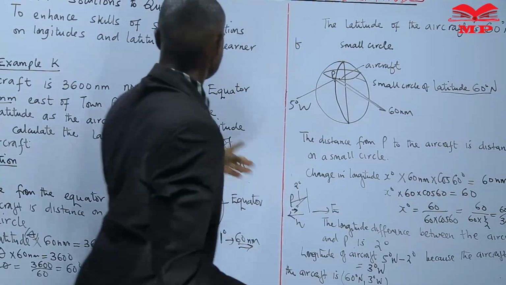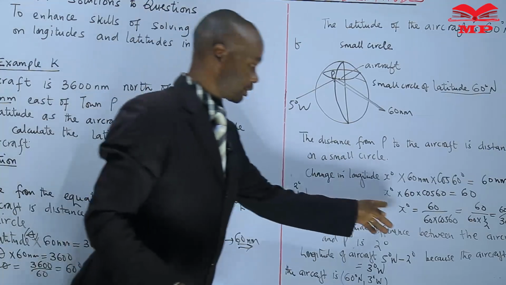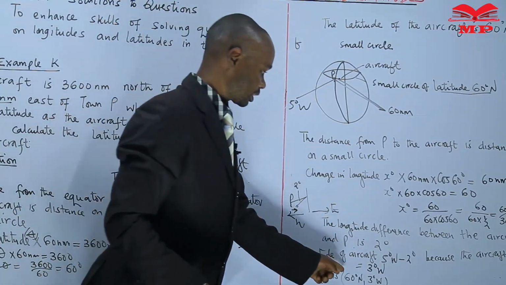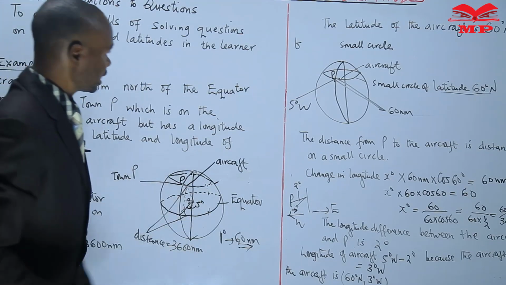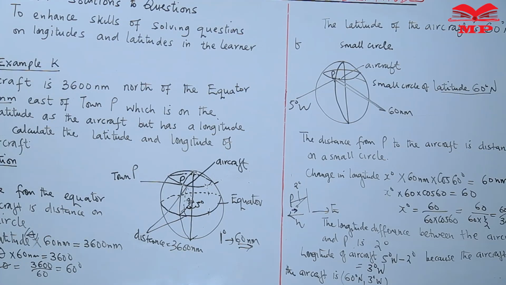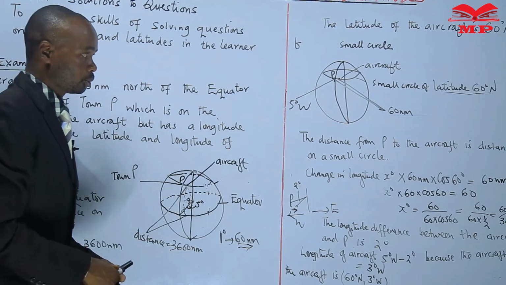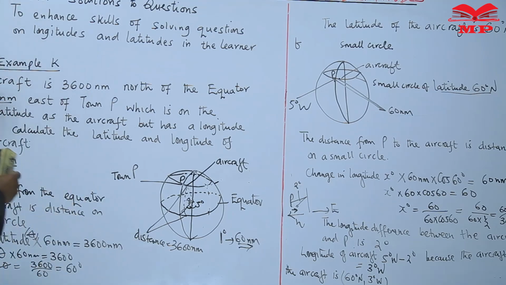You'll get that distance given. From there, you'll get the value of x, which gives you the longitude difference. When you come to getting the longitude, since the aircraft is more easterly from the question, east of P, you subtract the 2 degrees. So with that, you'll get some assignment.